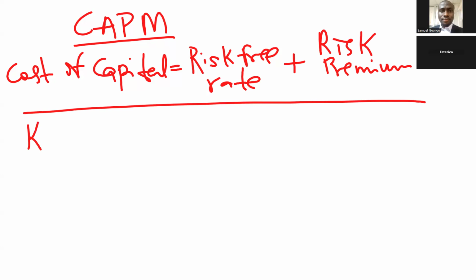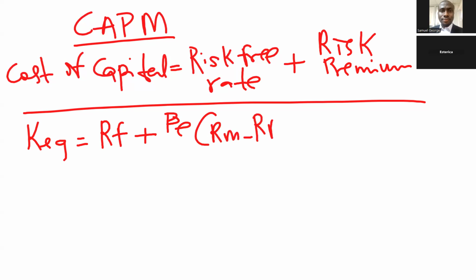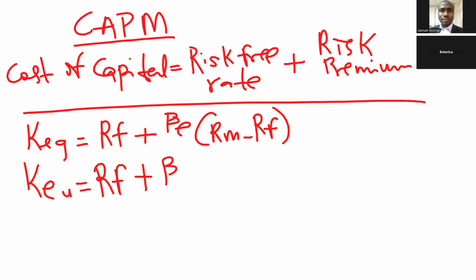KEG is equal to RF plus BE times (RM minus RF). KEU we have RF plus BA times (RM minus RF).